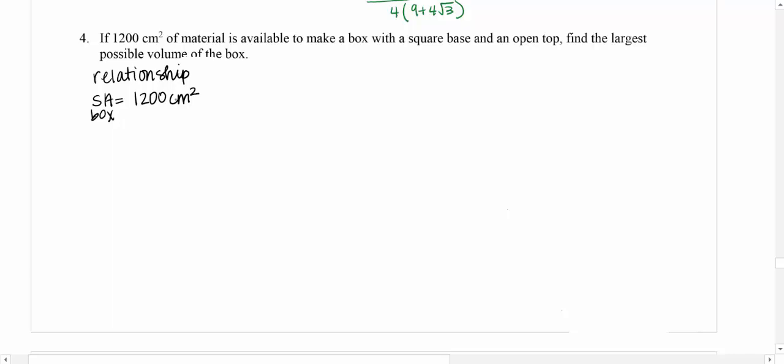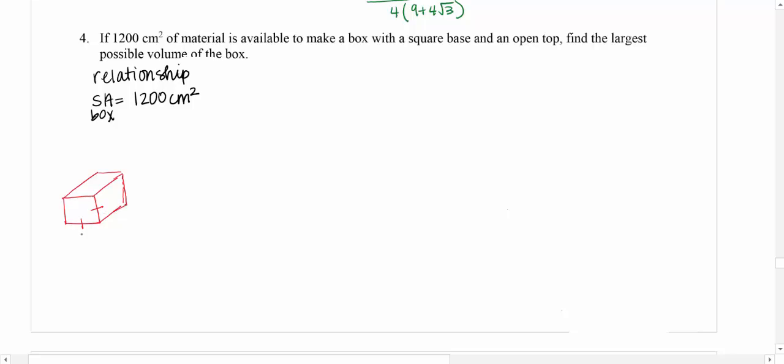Surface area is going to be adding up all the sides that you have, all of those areas on the outside. So if you have a square base, that's the bottom of it, and then you're building up sides from that.